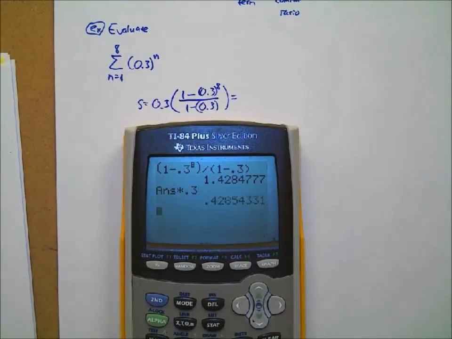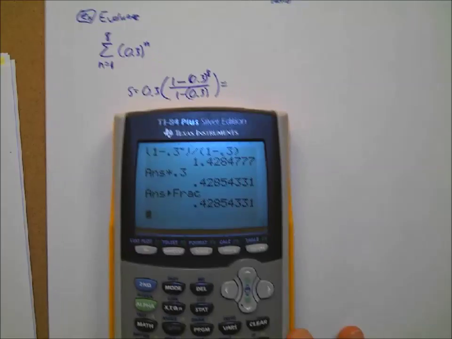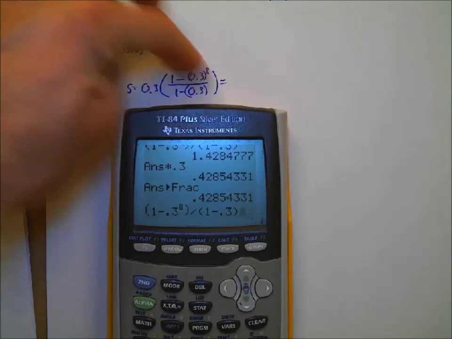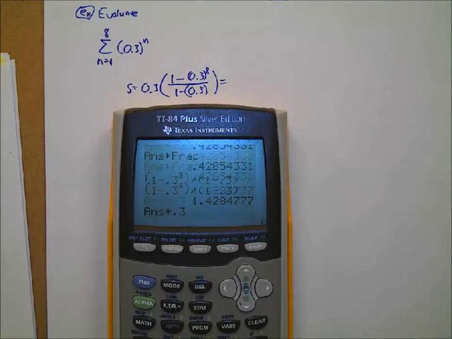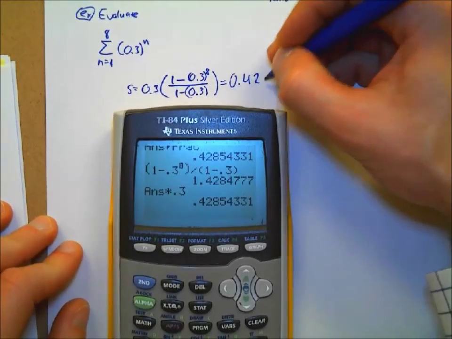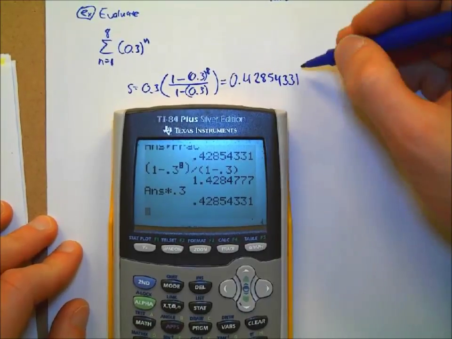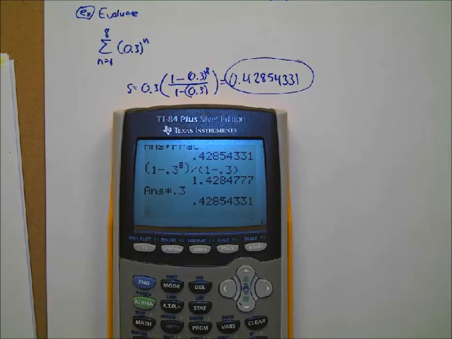We get this. I don't know if it'll give me a nice fraction form; it won't convert that. So again, I like to do the big fraction, the big parentheses set first, then multiply by that 0.3 out front, and you get that. I'm just going to go ahead and write out the whole thing. So there's our sum of the first 8 terms.